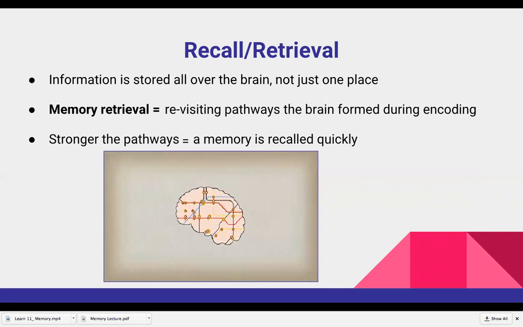Another reason could be sleep. Again, not getting enough sleep makes it very difficult for us to access information because the consolidation process isn't as strong, or we're physically drained to try and go through those paths and find the pathways.